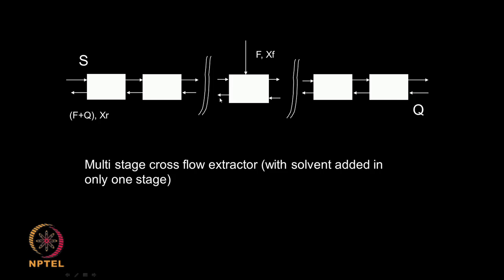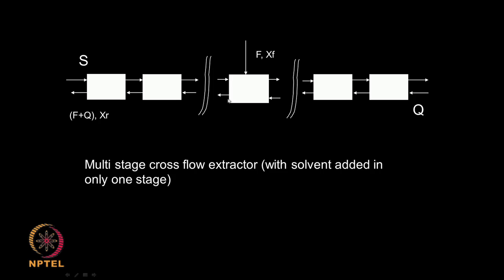After this the quantity increases to F plus Q, because the feed is coming with a flow rate of F, and you have another stream of heavy, the Q. Q does not contain any solute, so please note that is why we have not put any term here.